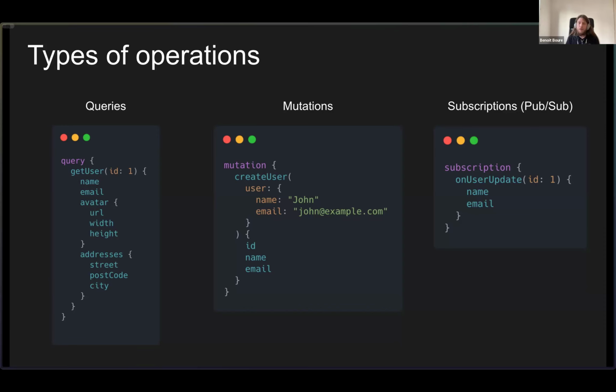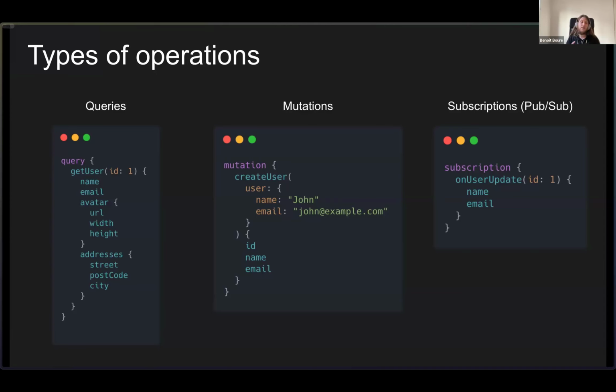It's a read operation in the end. The second type of operation is mutation. A mutation is like a post, put or delete in the REST world. It allows you to create, modify, or delete data. It mutates the data in the backend.